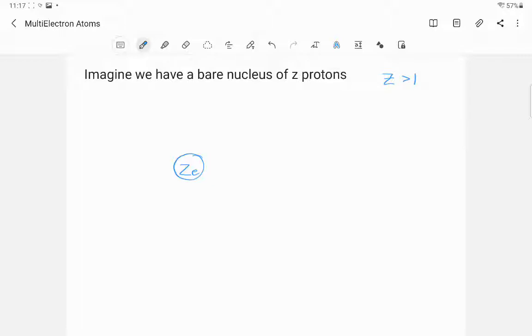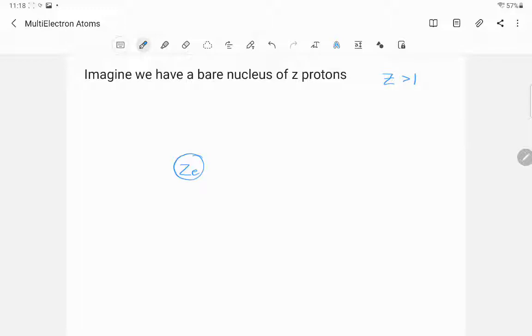So I'm going to start off by thinking aloud about some of the issues that arise and some of the things you might begin to guess and wonder about. Okay, so let's start here. Imagine we have a bare nucleus of Z protons.